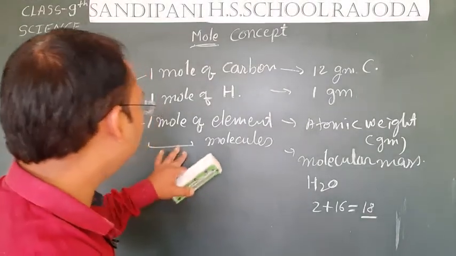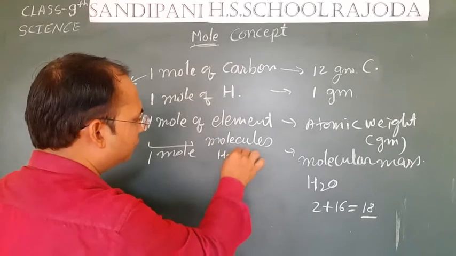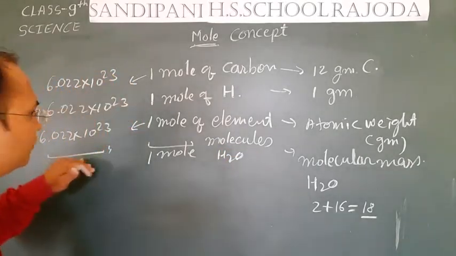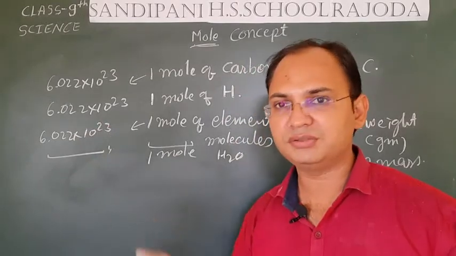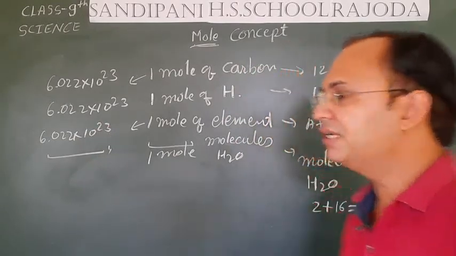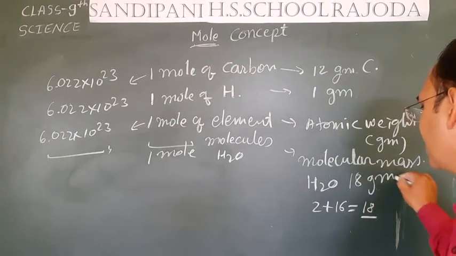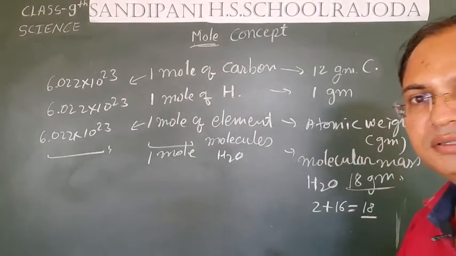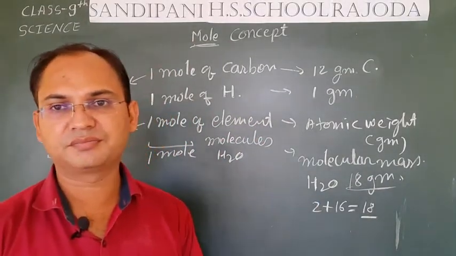So, if we take 1 mole of H2O, the number of molecules will be equal to 6.022 into 10 to the power 23, but in grams its weight will be 18 gram. Why? Because its molecular weight is 18.